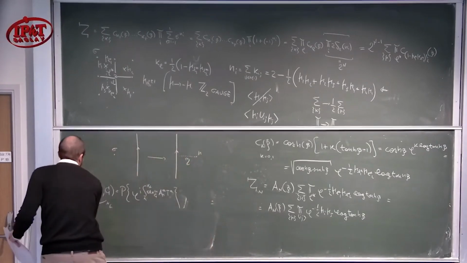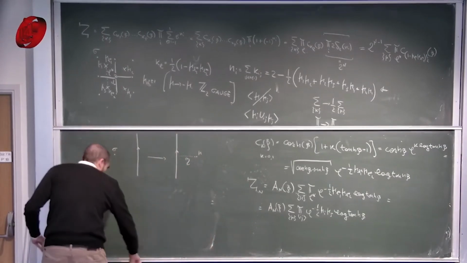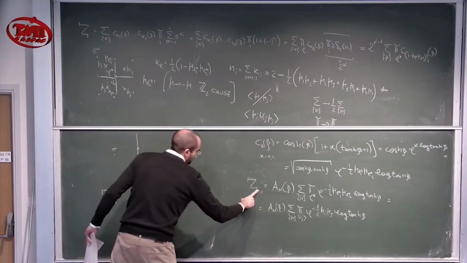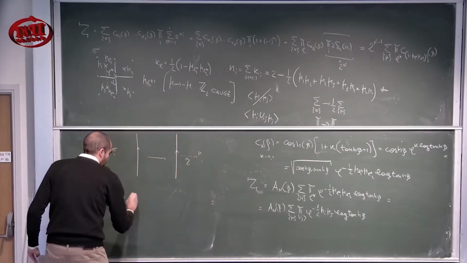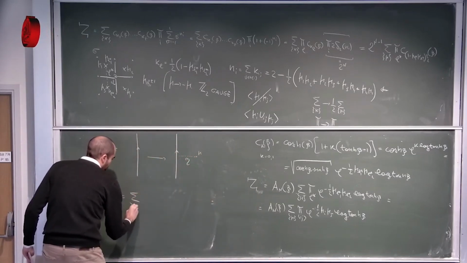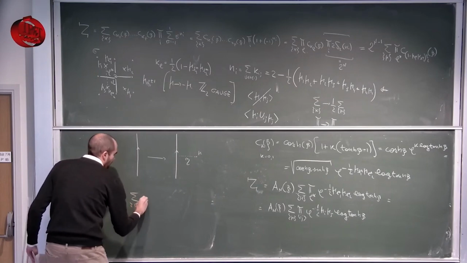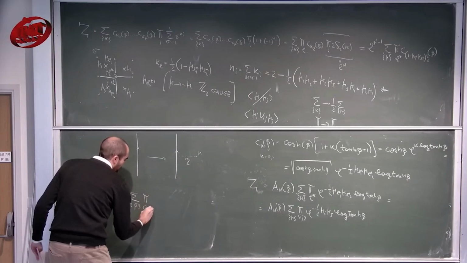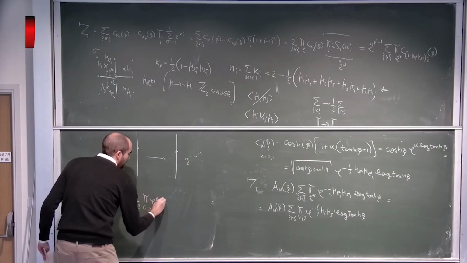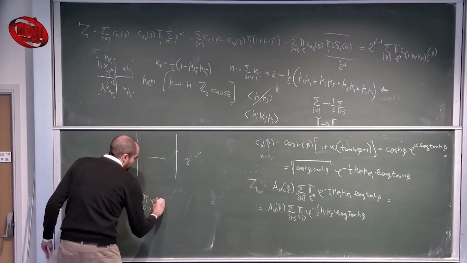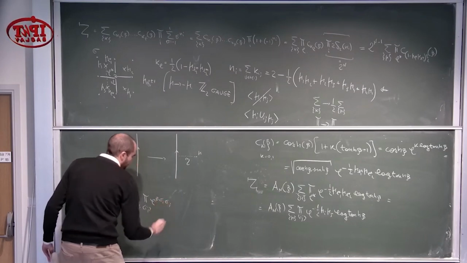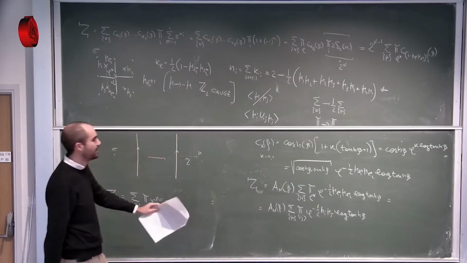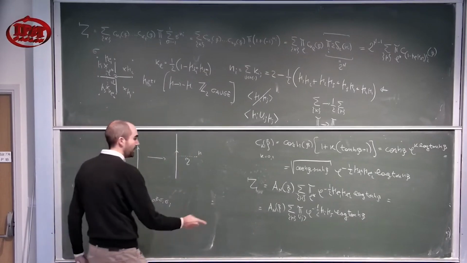And now we're done. So we have rewritten the original partition function that unfortunately I deleted, but let me write it down next to the new one, which was just a sum over all the spins times a product over nearest neighbors of e to the beta sigma i sigma j. So we have written it as something that formally is the same, only with a different temperature.